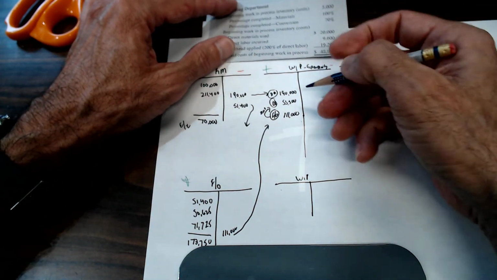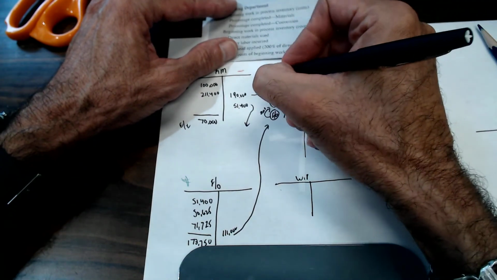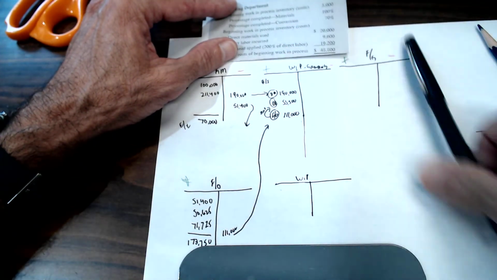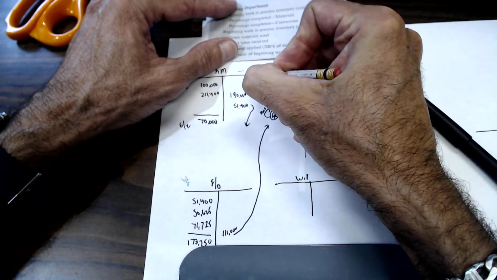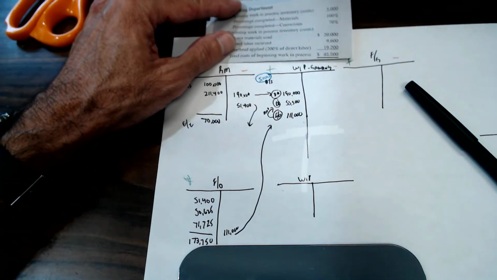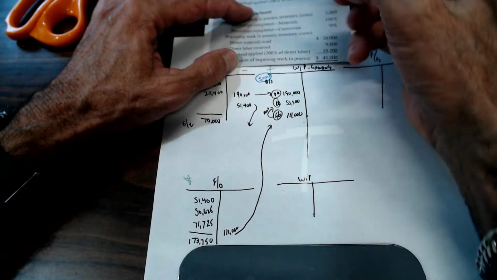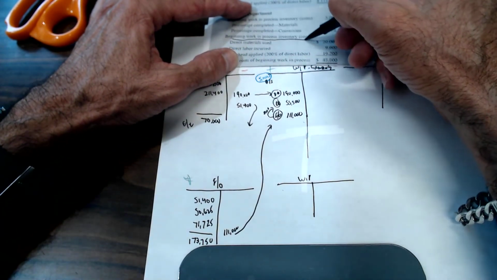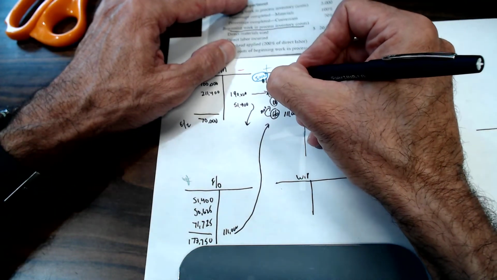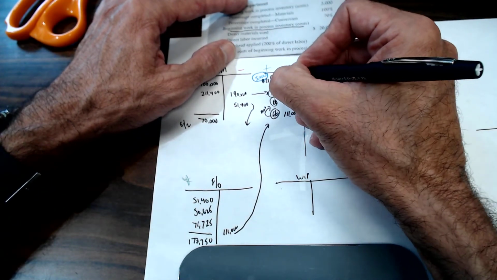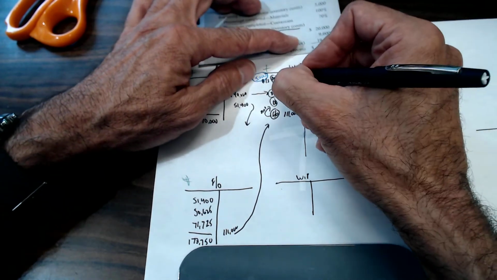So at the beginning of the month, we had a beginning inventory of 5,000 units. And the beginning work in process inventory costs were, the direct materials were $20,000.